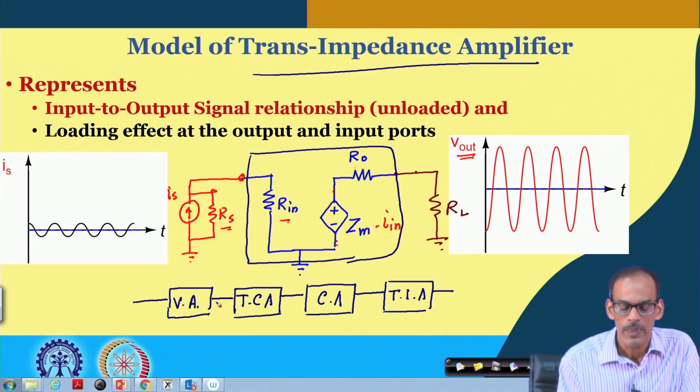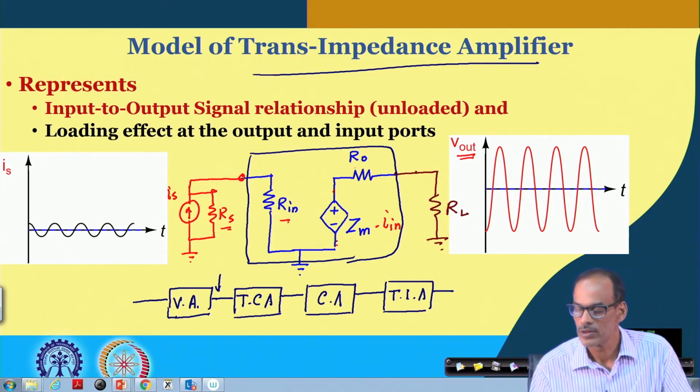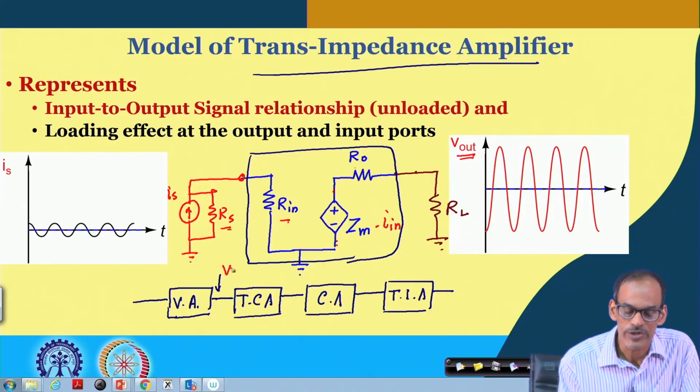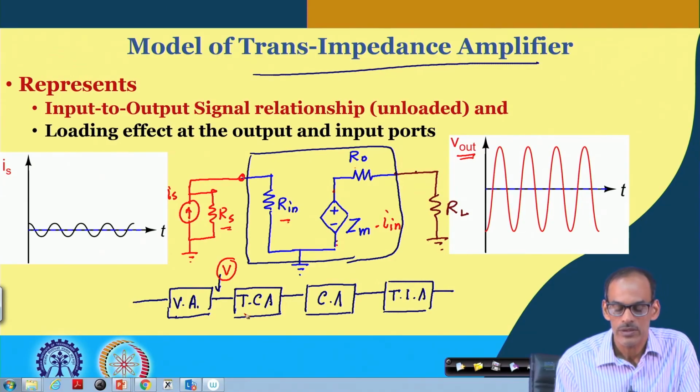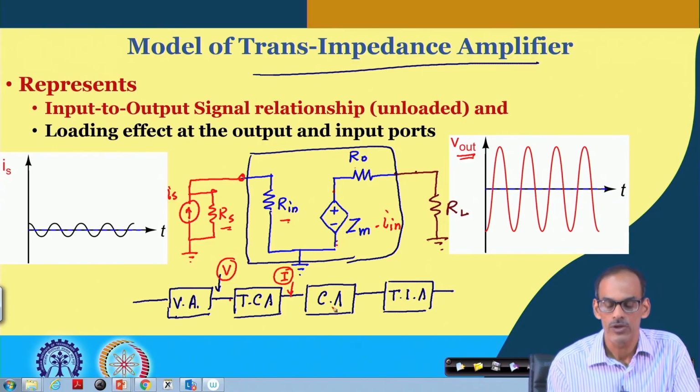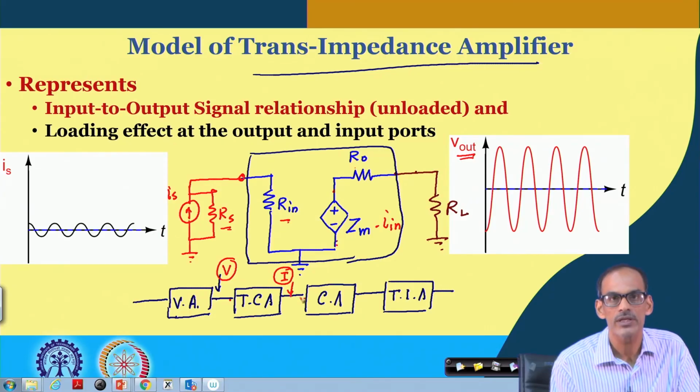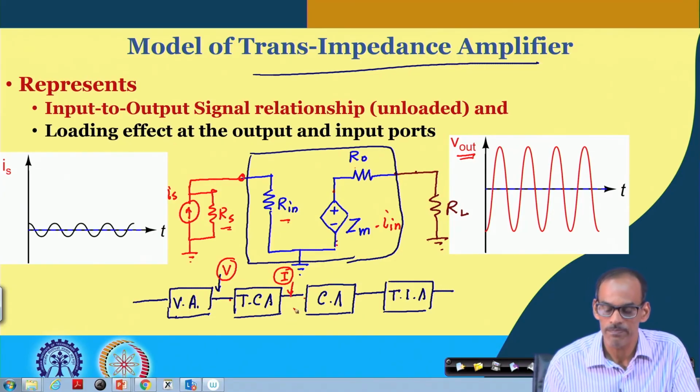Since it is a voltage amplifier, it produces a signal here in the form of voltage, and the trans-conductance amplifier is also expecting input as voltage. So, they are consistent. The output of the trans-conductance amplifier is current, and the current amplifier is expecting a signal in the form of current, so there is no problem.